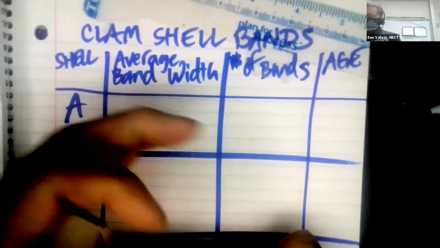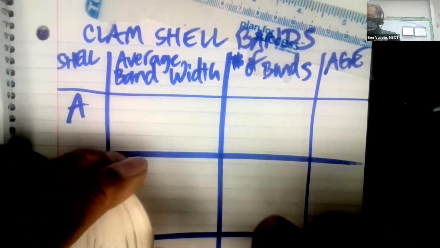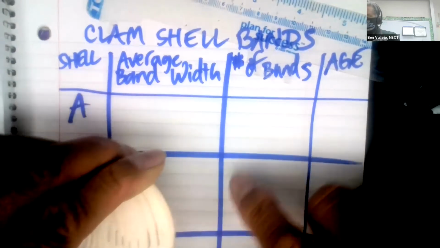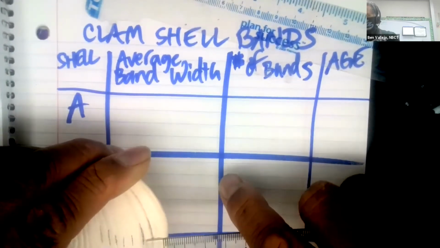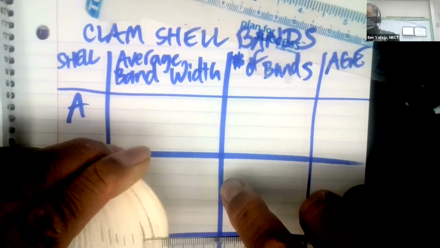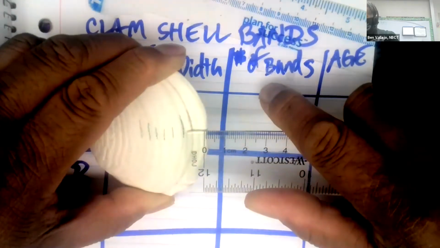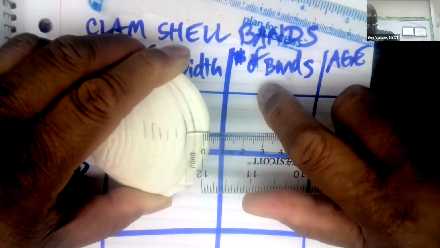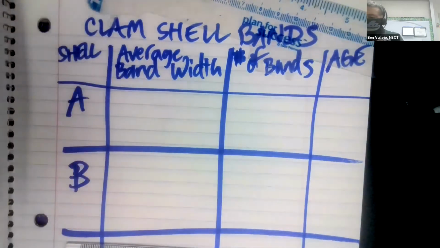So I'm going to take a look at this one right here, and we'll take a look at the first band, which is right there, and that one's about 3 millimeters. So I'm going to write 3 right there.